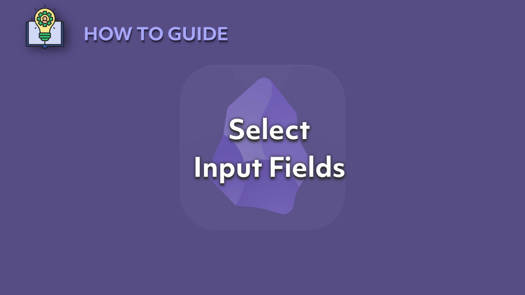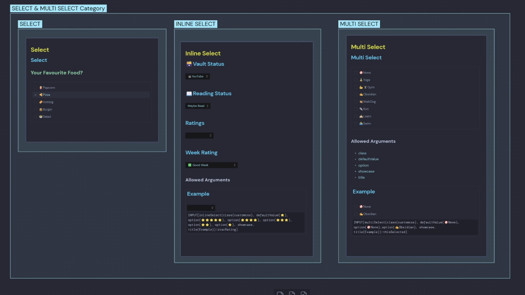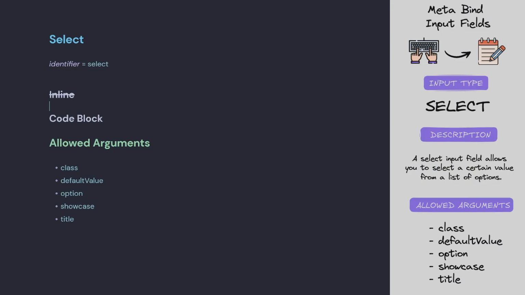Select input fields. The next category is the select and multi-select category. In this category, we'll cover the input fields select, inline select, and multi-select. We'll start with the select input field. The identifier is select. It doesn't support inline syntax, so we'll go straight for the code block.